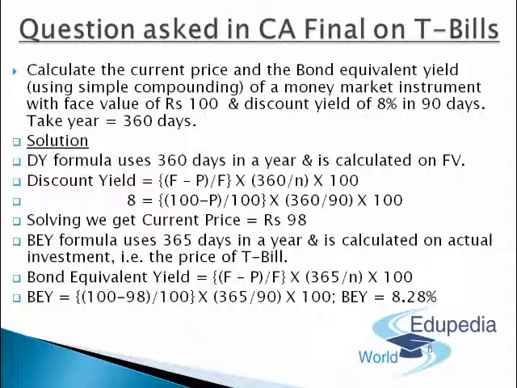Here F means the face value, that is 100, minus P, that is the issue price, that is 98, whole divided by 100, into 365, whole divided by 90, into 100. We would get the bond equivalent yield as 8.28%.